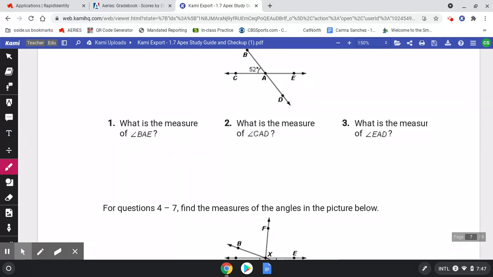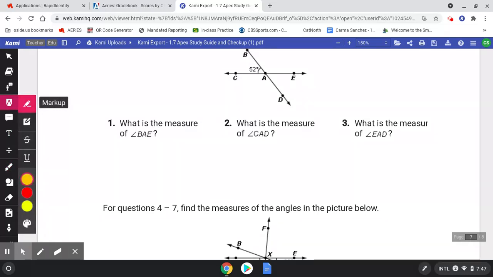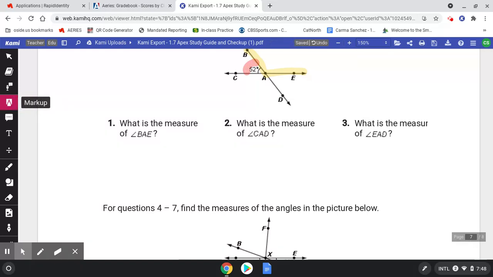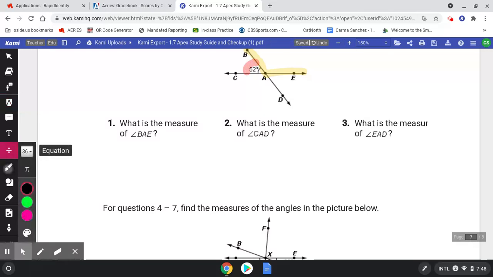So what is the measure of BAE? Notice that there's no given angle number right there. We don't know how many degrees it is. We do know its linear pair right over here is 52. So we can first do some work subtracting from 180 to get this.